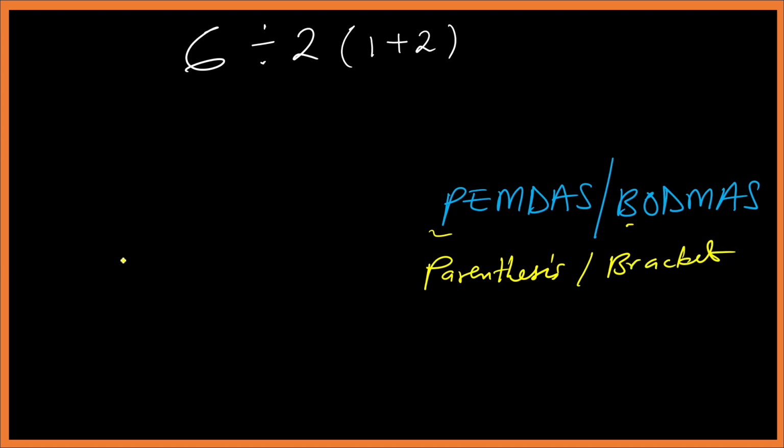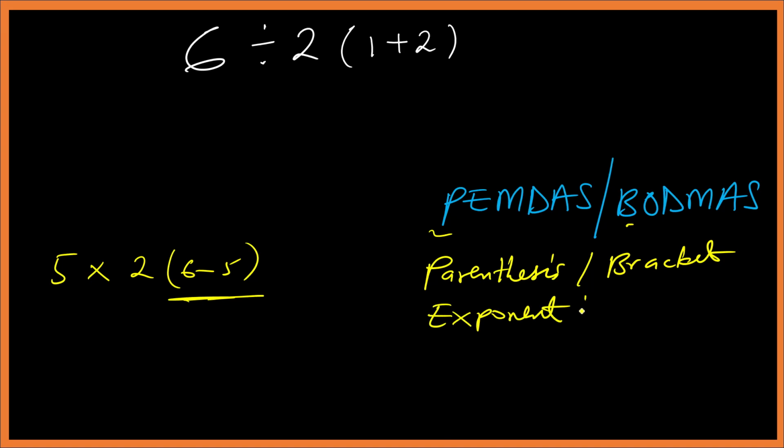Anytime you start with a mathematical expression and you see a parenthesis or bracket, you have to deal with it first. For instance, 5 times 2 parenthesis 6 minus 5, so you have to deal with this one first. As simple as that. Let's go to the next one, that is the exponent, so this side will be order.